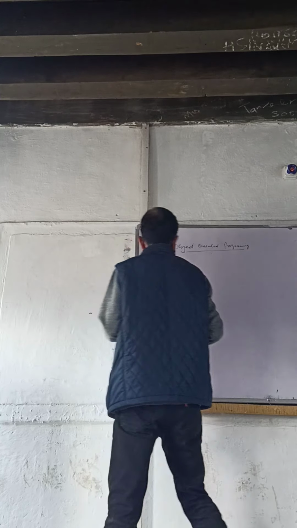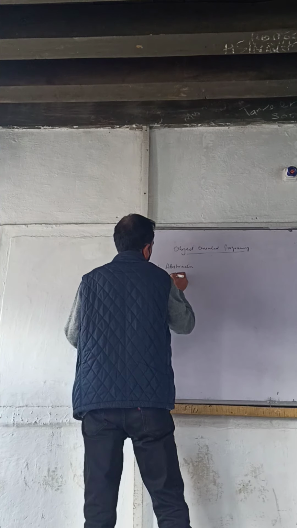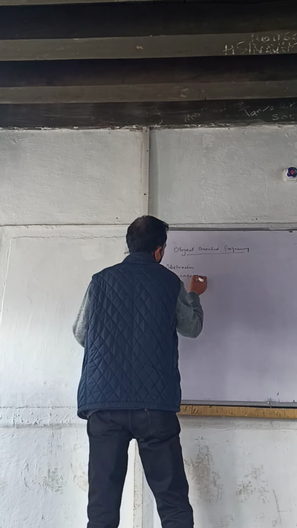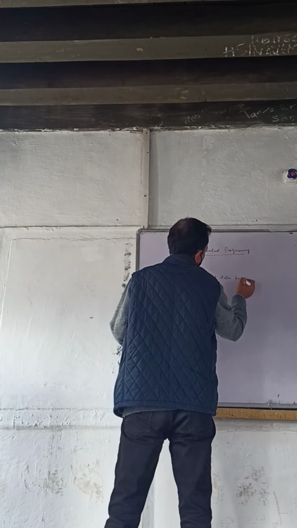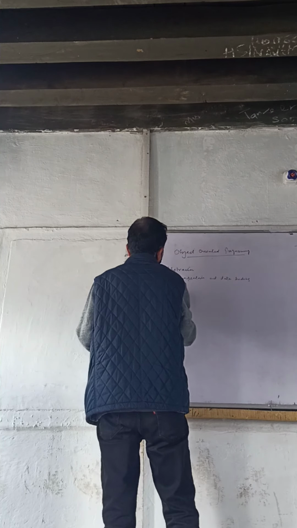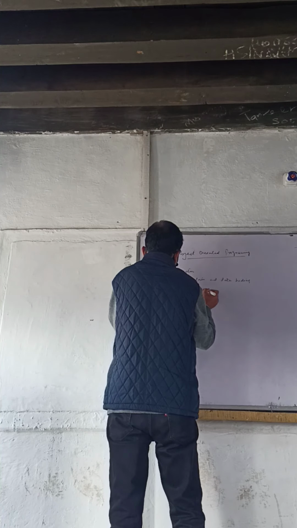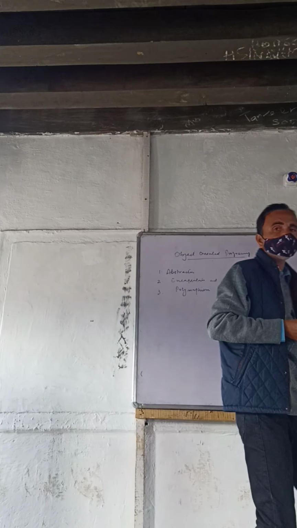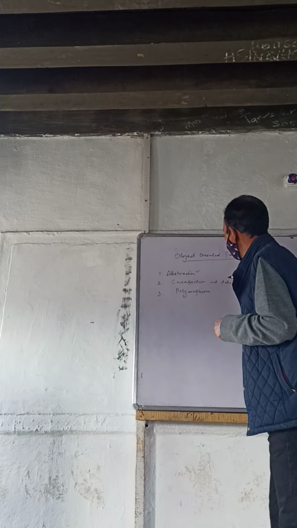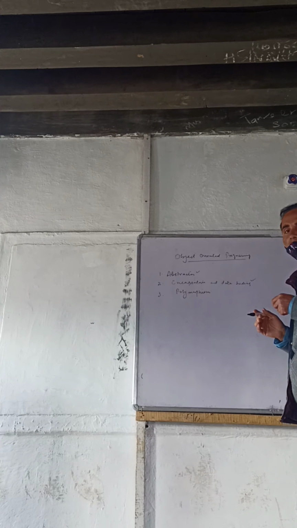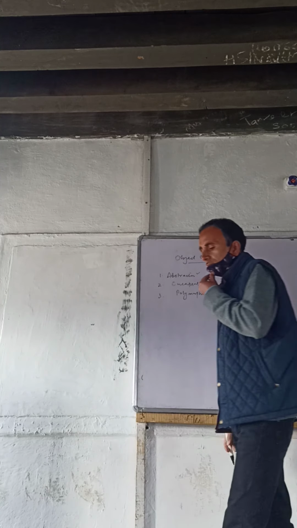The second one is encapsulation and data hiding, and the third one is polymorphism. As we know about abstraction, encapsulation and data hiding, today we will learn about polymorphism.